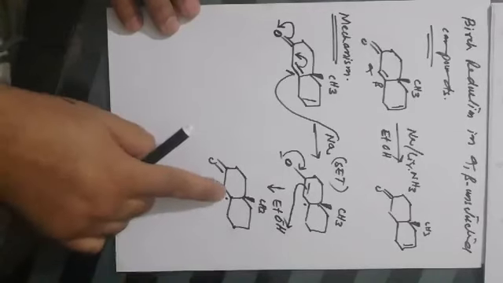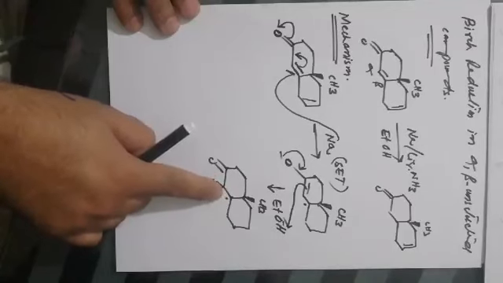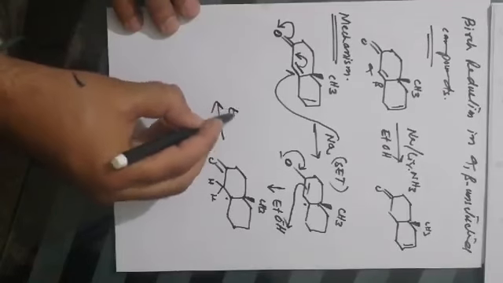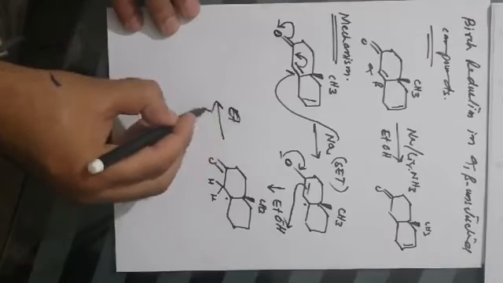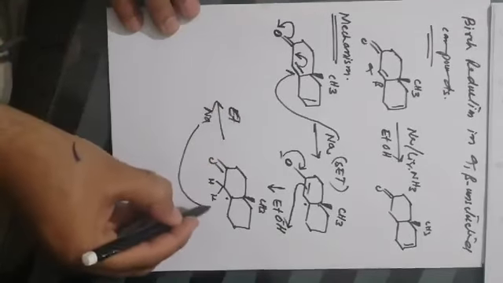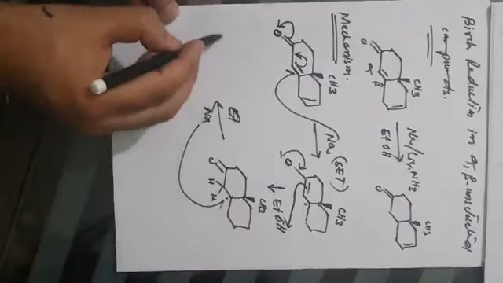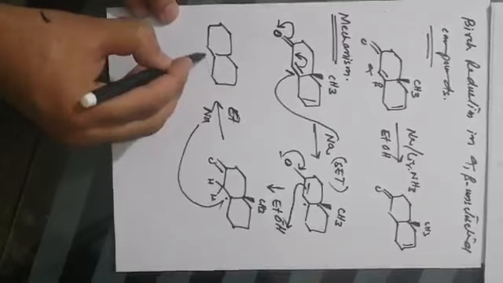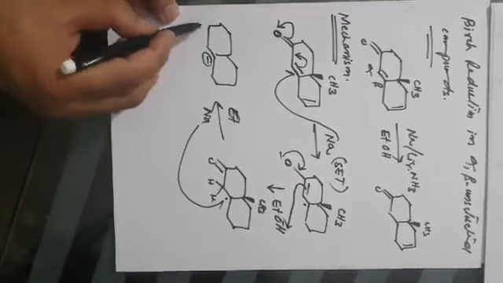This bridged carbon has the single electron. What will happen again? Again there will be a single electron transfer taking place here. You will get negative charge here.